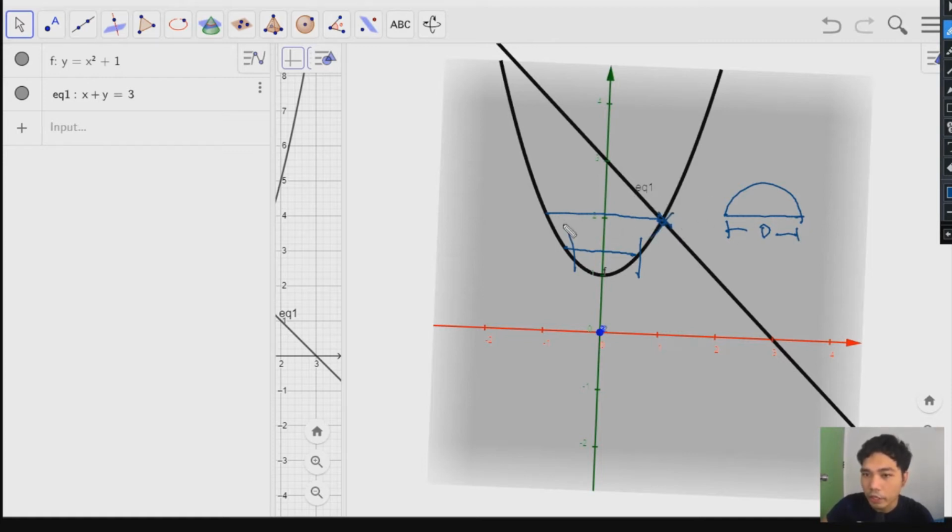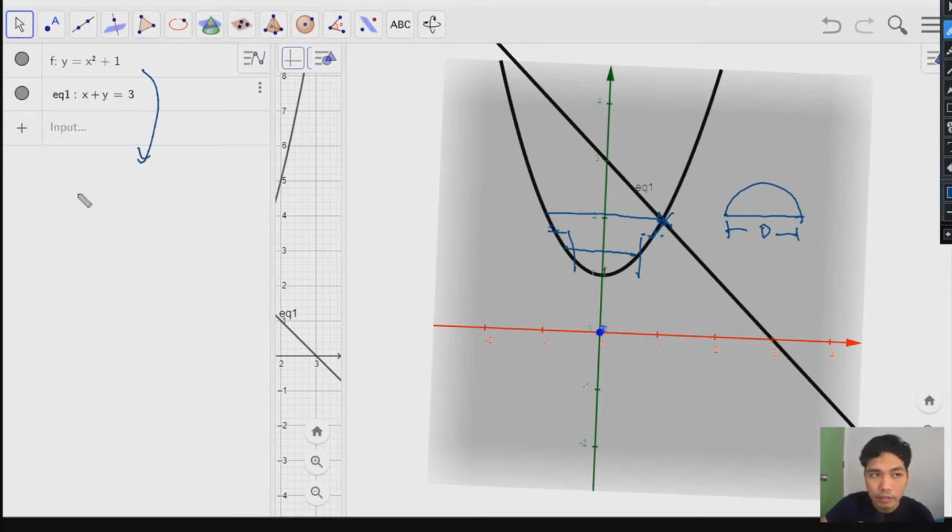Of course, its diameter would always be the difference between these two parts of our curve. And remember, when we have this, we have to express it in terms of y. That is simply the difference between the two x's.